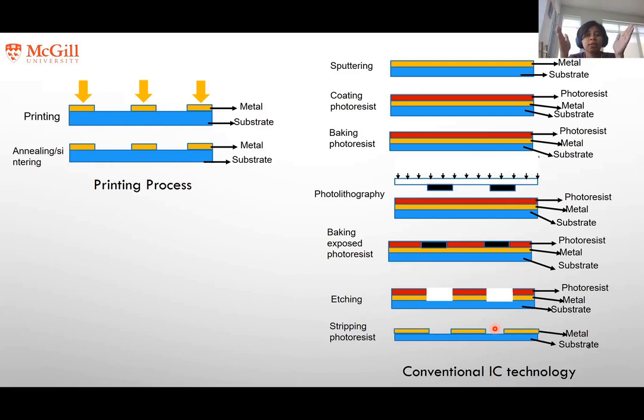So even in a very simple case, it can give you an idea, just to have these metal traces on a substrate, how many more steps we needed to do with the conventional IC technology.